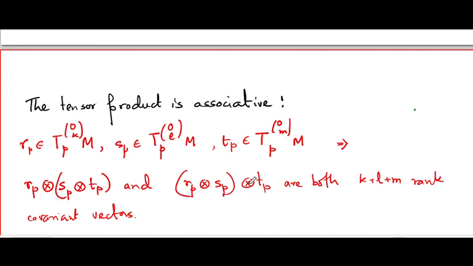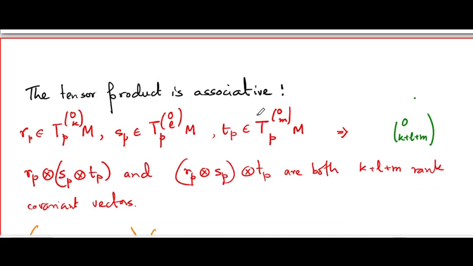These, of course, are both k plus l plus m rank covariant tensors, or basically (0, k+l+m) tensors. The question is, are these two the same? That is, is the tensor product really associative? Of course, the heading here says that it is, but we need to prove that it is true.